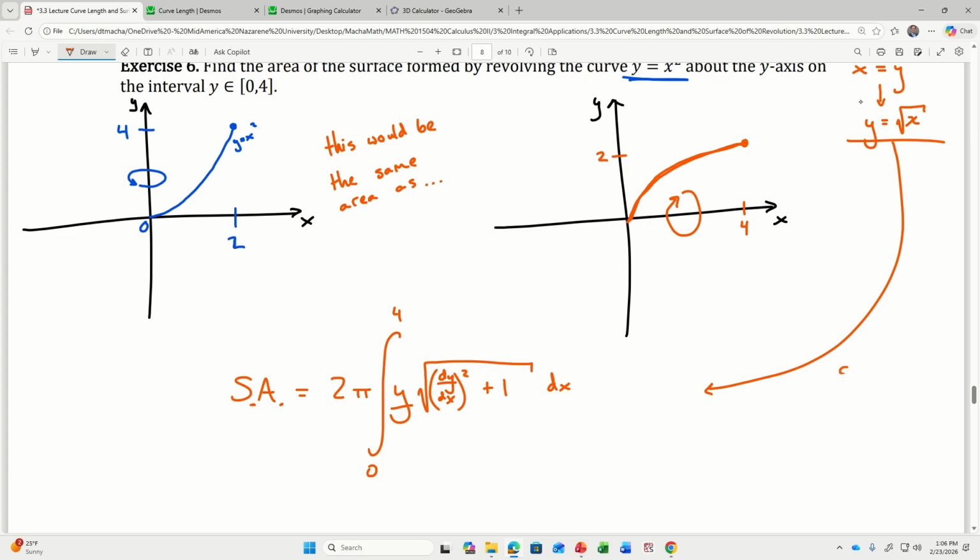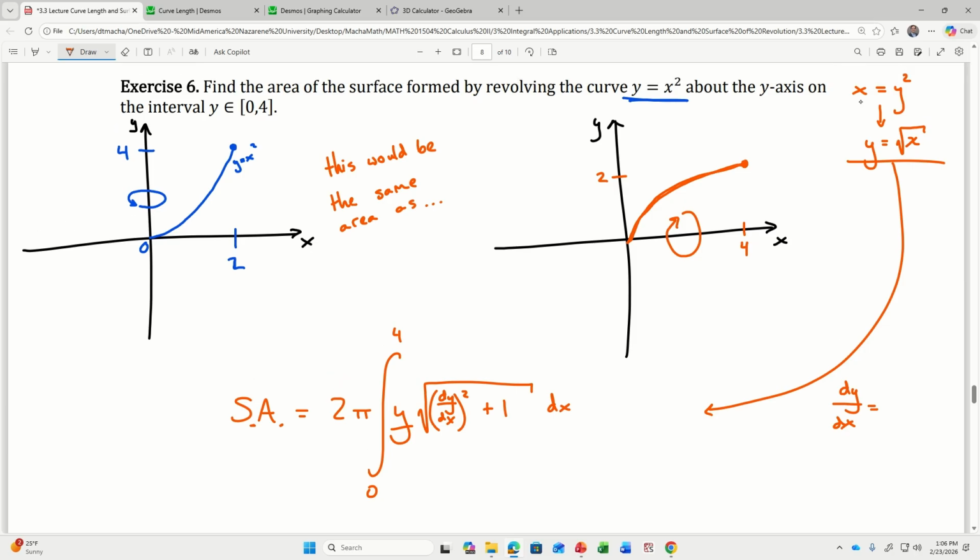And then also, what is dy/dx? 2x. Oh, wait. So you're looking at the blue problem, but we've translated this into the orange problem now.